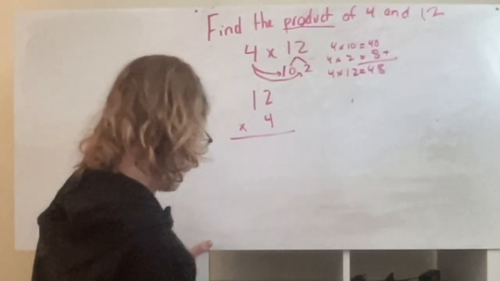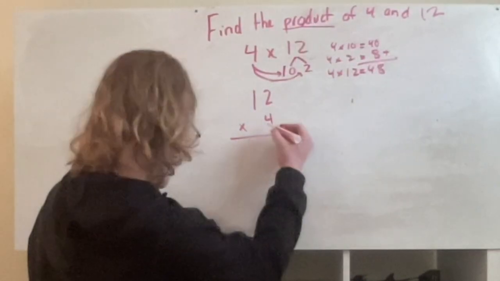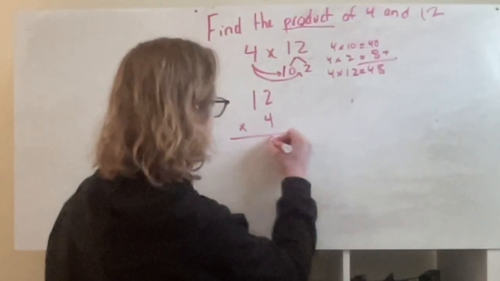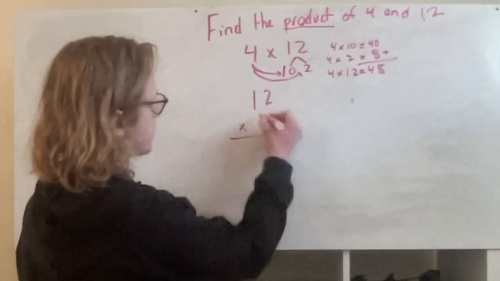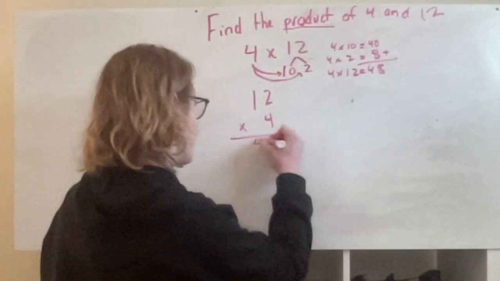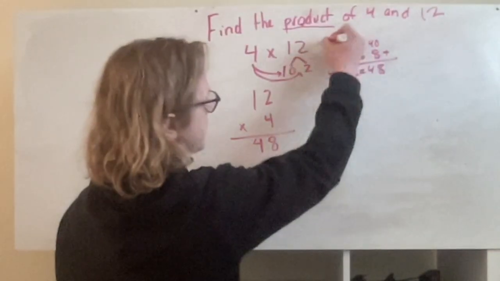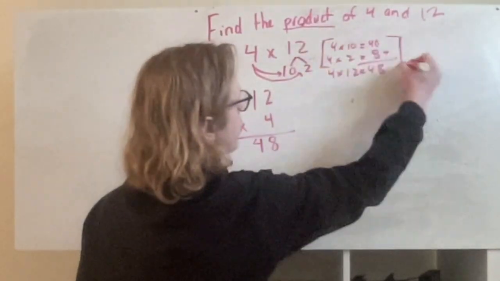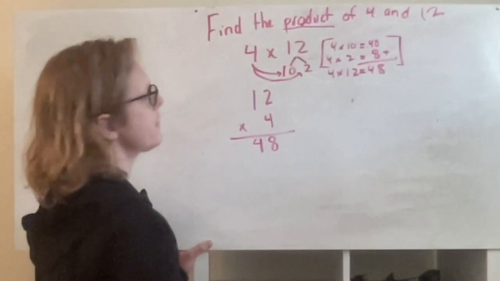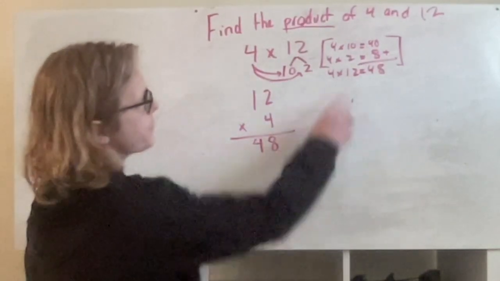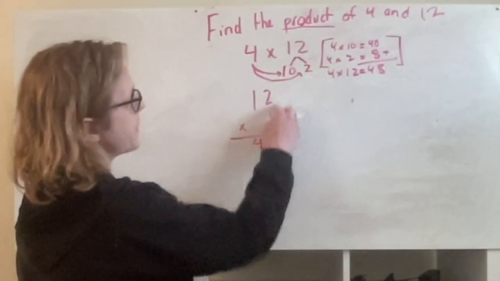Okay, so from here we would say 4 times 2 gives me 8, and then 4 times 1 gives me 4. Okay, where do we see these partial products that we just did here in our standard algorithm? Where's the 4 times 2? The 4 times 2 is right here.